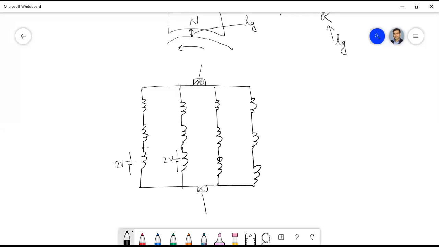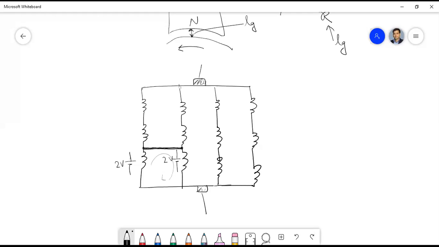So these two points are supposed to generate the same voltage. The equalizer connection connects these two points. If there is some mismatch in the coil voltage, it will create a circulating path, but that is not huge, because these voltages are very small. Now, if this circulating current flows through the total path, then the current will be large.